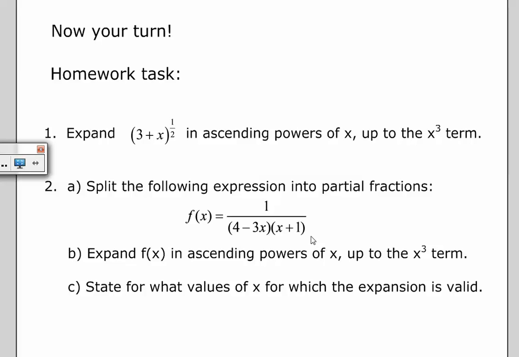Now if you've forgotten how to do that, have a look in the C4 book, chapter 1, and that will remind you. When you've done that, I'd like you to then expand the resulting expression into ascending powers of x up to x cubed, and then part C, state the value of x for which the expansion is valid. And I'd like you to hand that in next lesson.